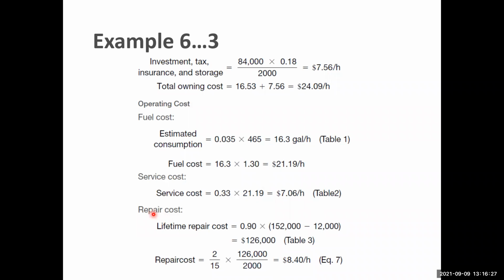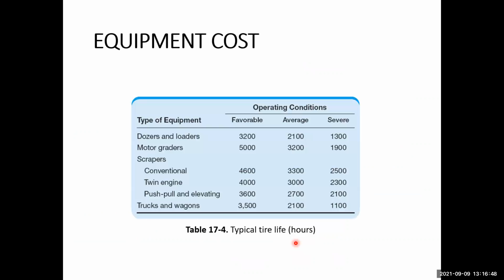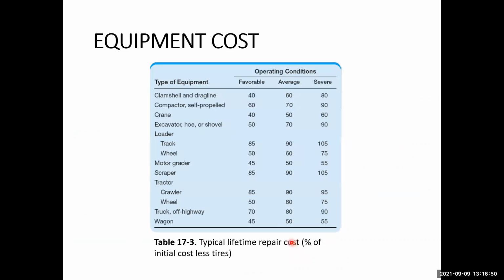And then the repair cost for the lifetime repair, we have this 152,000. We have to subtract out the cost of tires from there, and it will be 90% of that from table number 3. So we will see from table number 3. Why is it 90%? Because it is a scraper, and in the average condition, it is 90% of that.